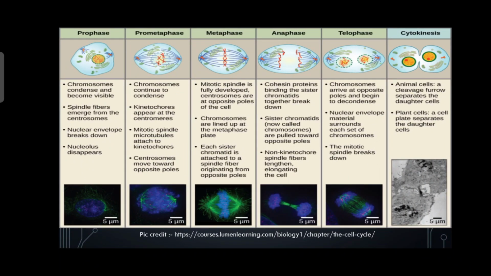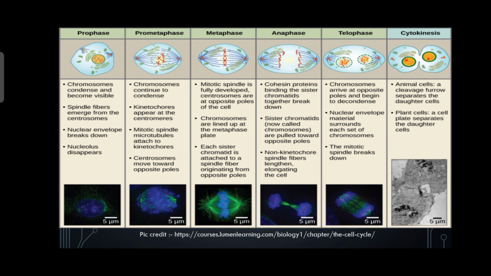Chromosomes condense and become visible, the nuclear envelope breaks down and the nucleolus disappears. That one more phase in between prophase and metaphase is prometaphase. What happens in prometaphase? Chromosomes continue to condense. Kinetochores appear at the centromere, which is the central part of the chromosome. Mitotic spindle microtubules attach to kinetochore and centrosomes move toward opposite poles.